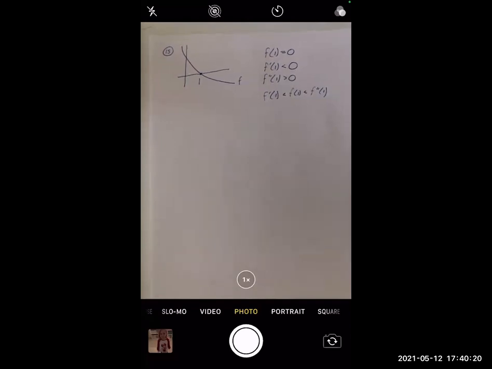So there you go. Make sure too that when you are given a graph, you understand what it is that you have.